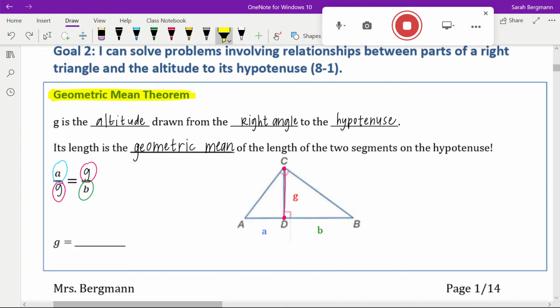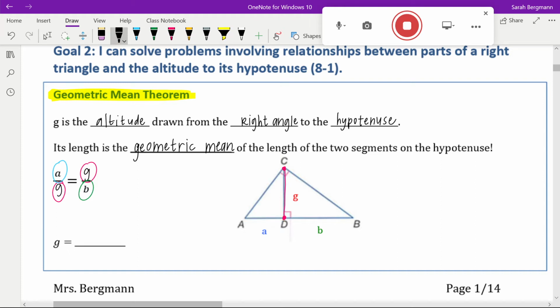The length of that altitude is the geometric mean of the length of the 2 segments on the hypotenuse. So you'll notice this altitude splits the hypotenuse into 2 sections, segment AD and segment DB. The length of the altitude is the geometric mean between A and B, the length of those two segments.